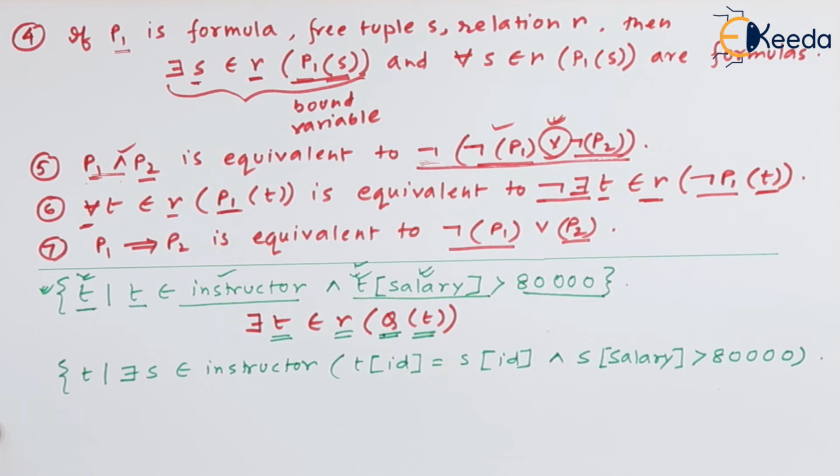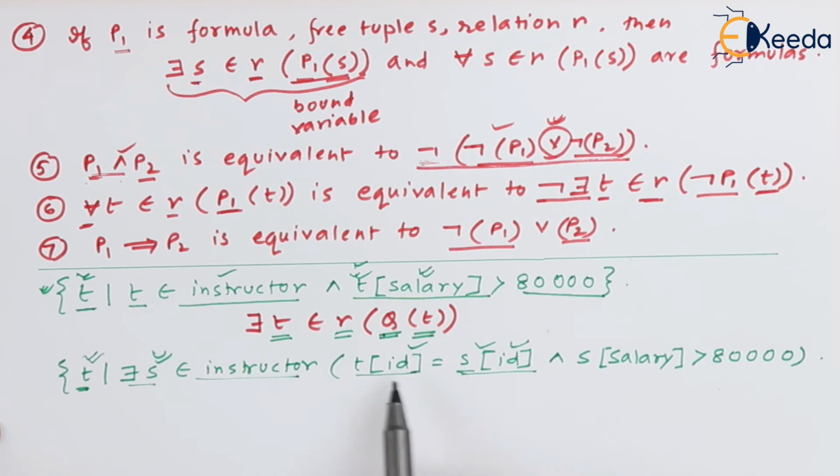Now let's look at this query where we are using the same technique, but we are selecting the tuple T such that there exists some tuple S which belongs to the instructor relation and T.ID equals S.ID. Here we are first fetching and checking against tuple S, which is a bound variable, and then matching that the ID attribute of the selected tuple matches the ID attribute of the tuple we are checking a predicate against.